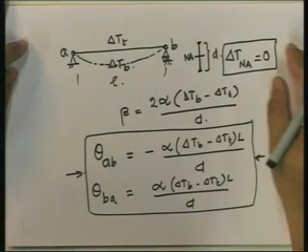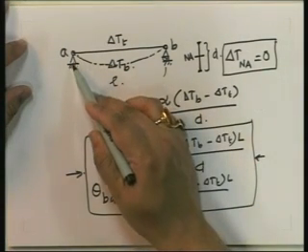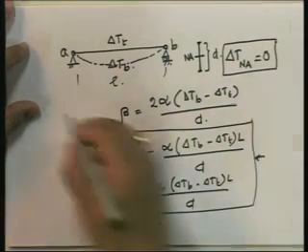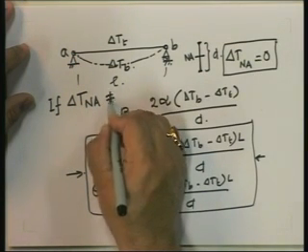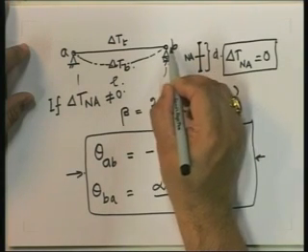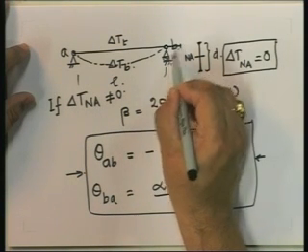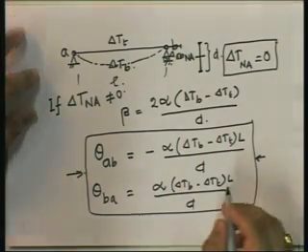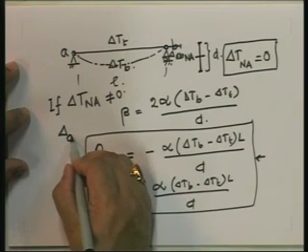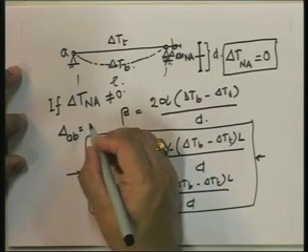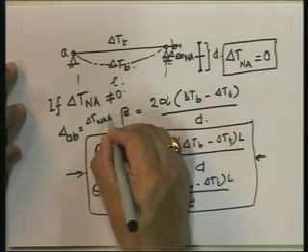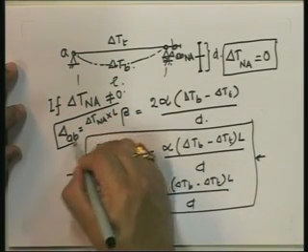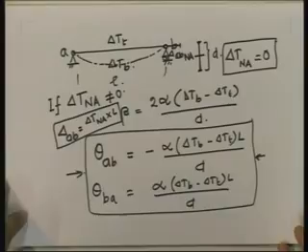If it isn't, if delta T NA is not equal to 0, all that means is that in addition to theta AB, we also have a delta AB, where delta AB is equal to alpha delta T NA into L. Okay, so that's all.